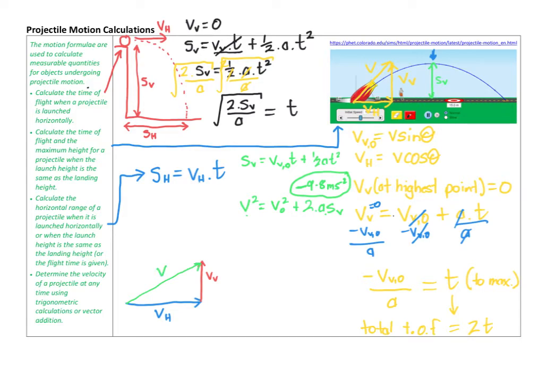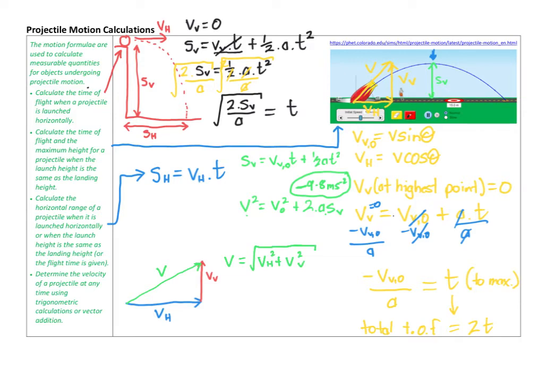To get the magnitude of that vector, we use Pythagoras: V equals the square root of VH squared plus VV squared. I've already talked about this, but I'll put it on this slide as well for completeness.